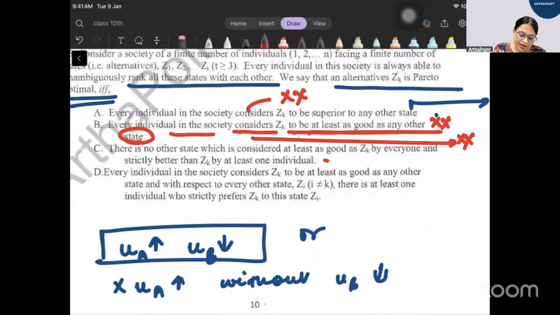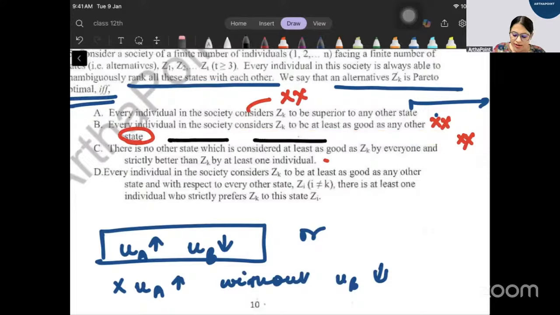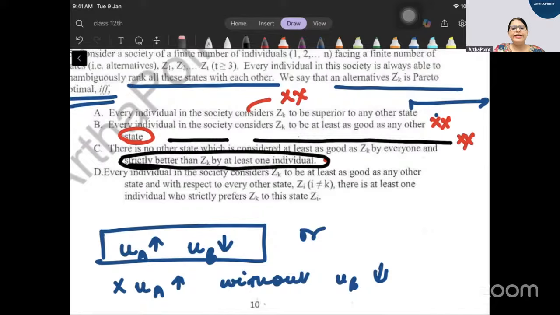Now look at statement number C. There is no other state which can be considered at least as good by everyone and strictly better than ZK by at least one individual.